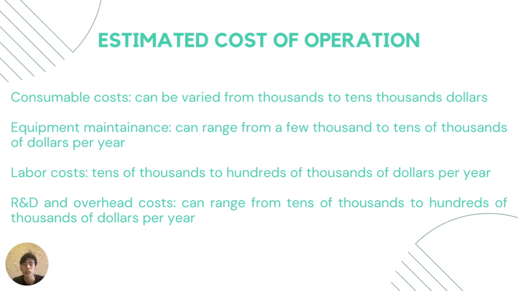Moreover, this technique must be operated under professional supervision, so the labor cost can be in the range of tens of thousands to hundreds of thousands per year. And lastly, the R&D and overhead costs can vary around tens of thousands to hundreds of thousands of dollars per year.